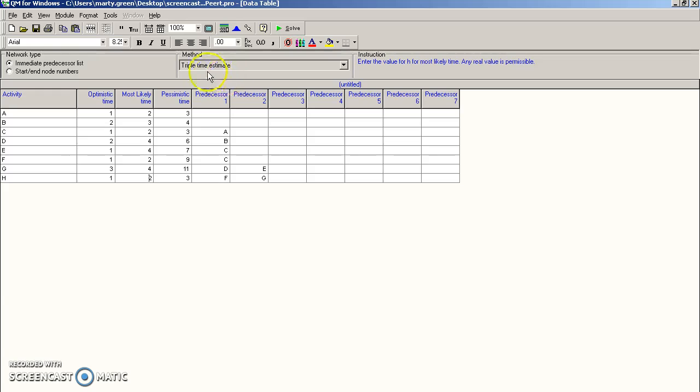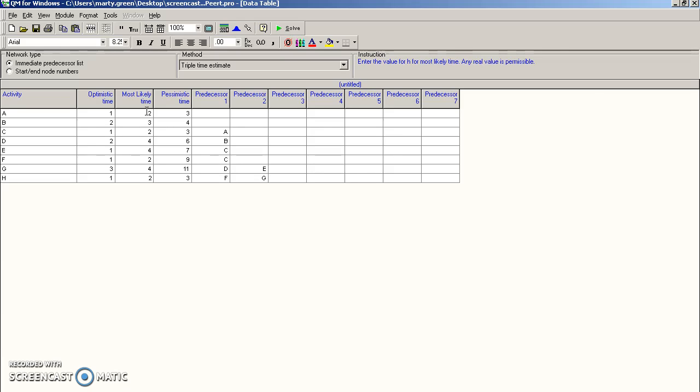And also click on the triple time estimate rather than the single time estimate. And then these values, for instance, activity 1, optimistically, they can do it in 1 week, pessimistically 3, but most likely it's 2 weeks. And of course, we discussed all this in class and have gone over it.